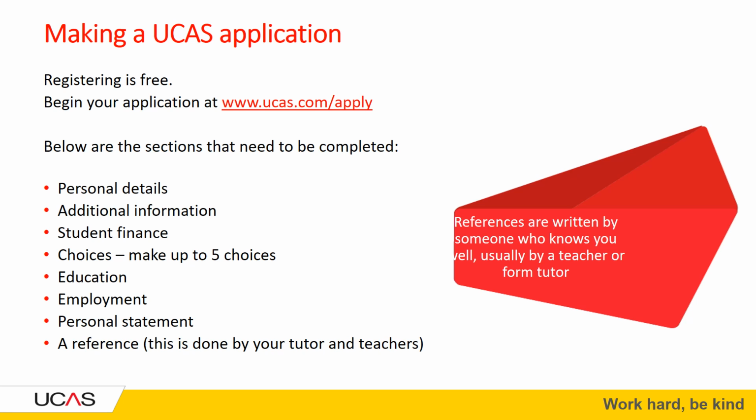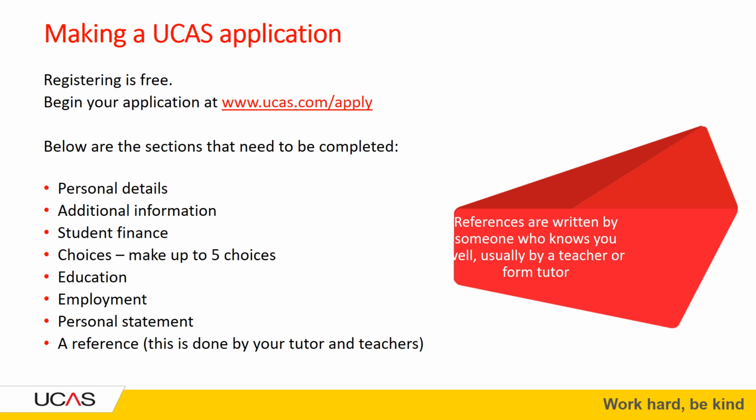Now, I did an assembly last week which explained how to do that. The sections that you will be completing will be the personal details, a very short section on additional information, a very short section on student finance, because student finance is a separate application which is done from February through the student finance website.